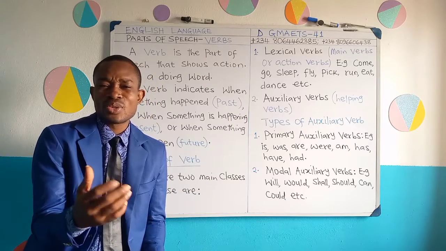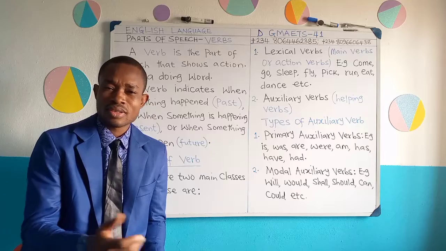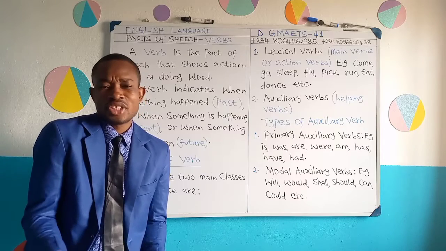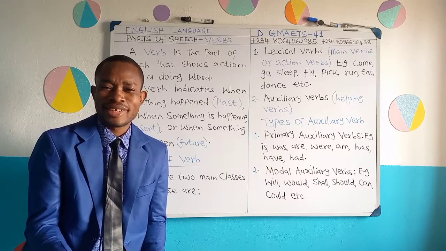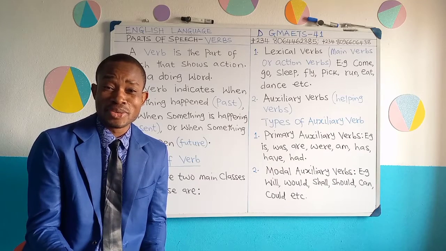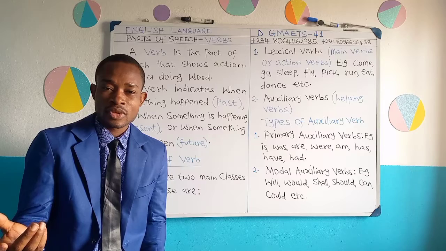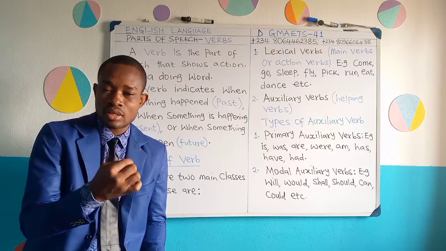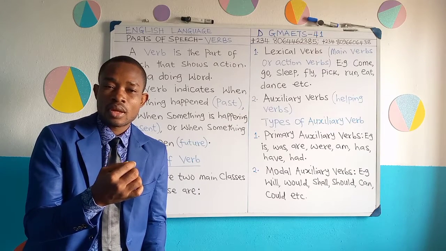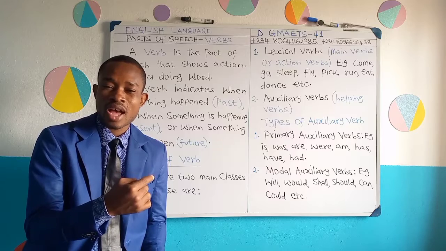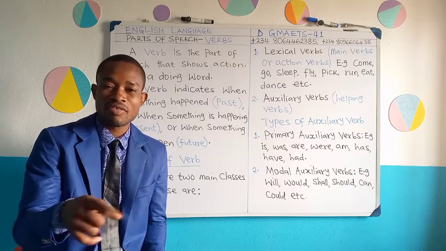When someone tells you is, or was, or are, it doesn't show action, alright? If I tell you is now, what will you start doing? Absolutely nothing. So that's why we say that these classes of verbs are known as helping verbs.